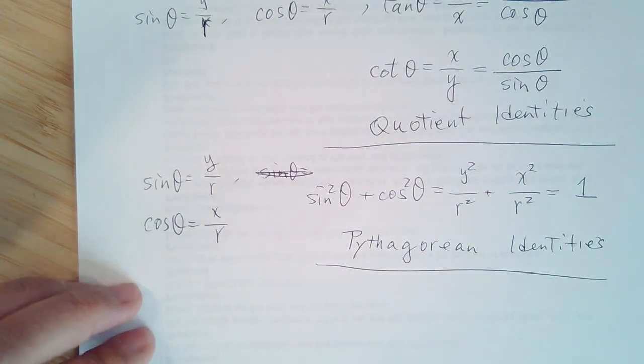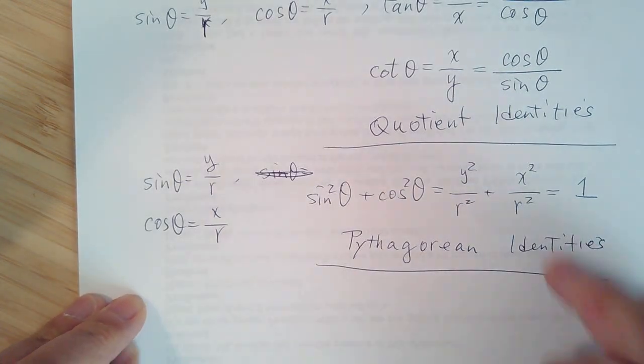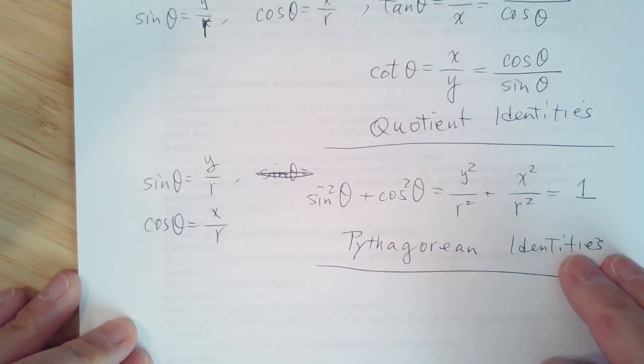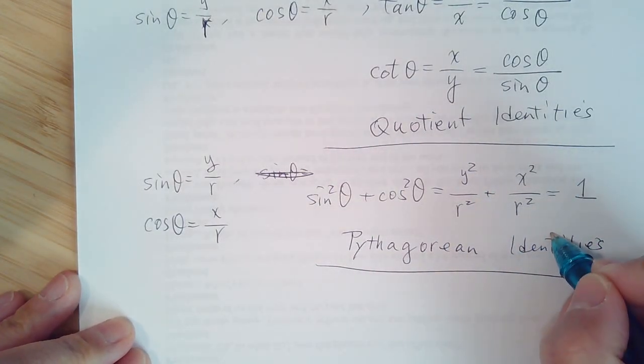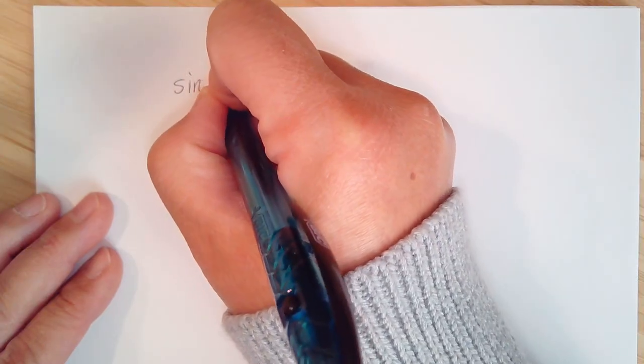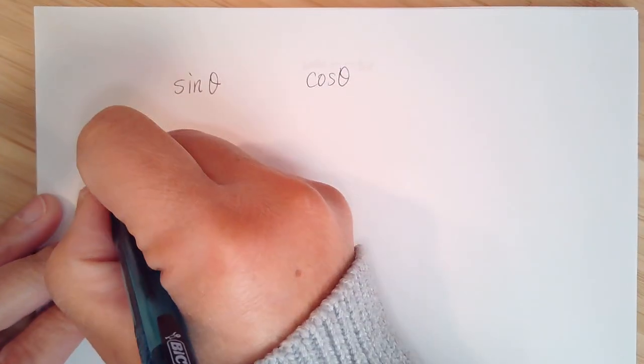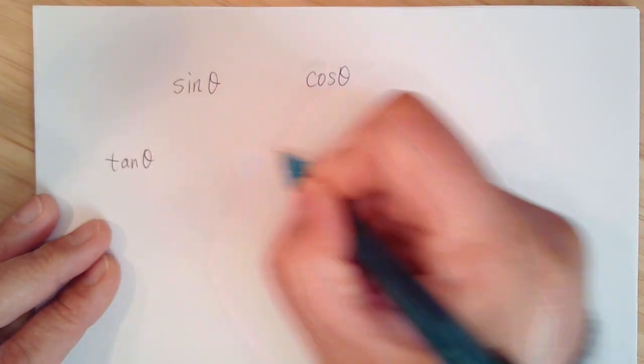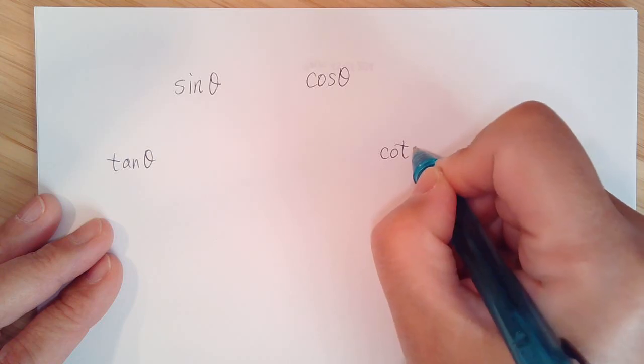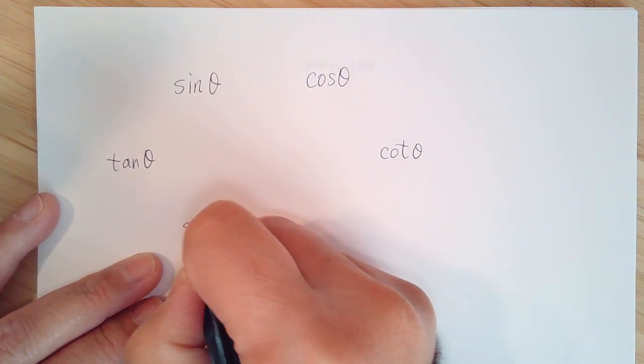Okay, so you might think, how can I remember that? I think this is a very valuable class, because in this class, I'm going to tell you a very easy way to remember all those identities in a simple graph. And then I'm going to show you how to use that to work on some questions. So let me ask you to do this. You write sine theta, cosine theta. Okay, and I ask you to write tangent theta and cotangent theta, and I ask you to write secant theta.